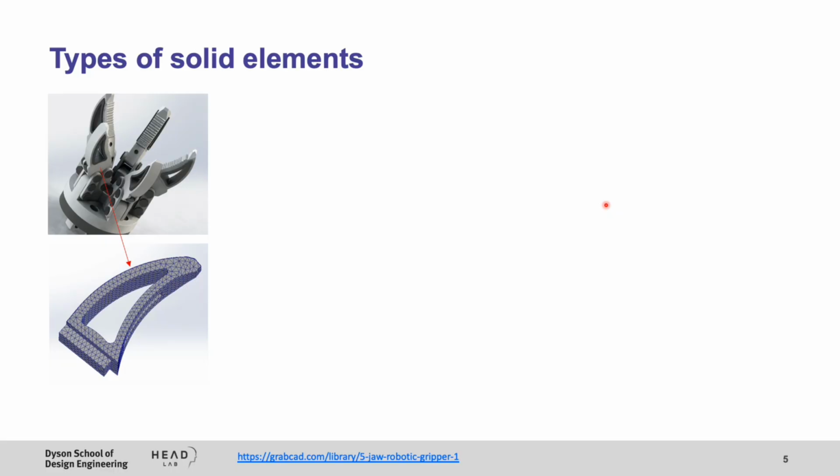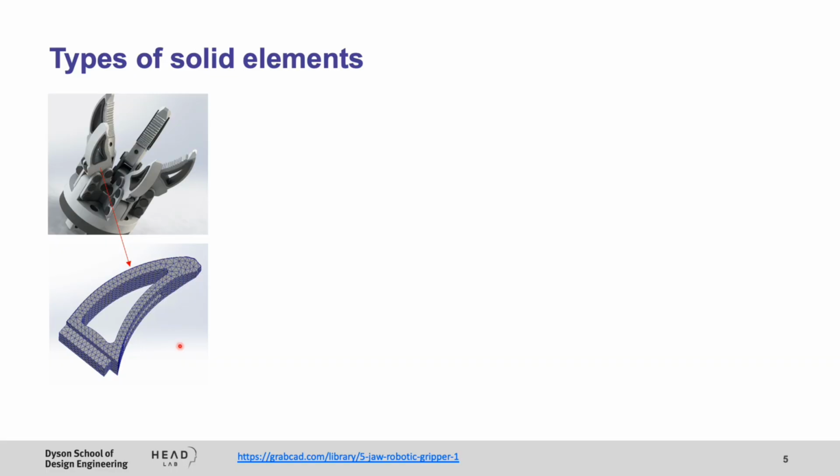We use solid elements to discretize the medium. Here's an example. We have discretized the bone of this robotic gripper with tetrahedral solid elements as shown here.